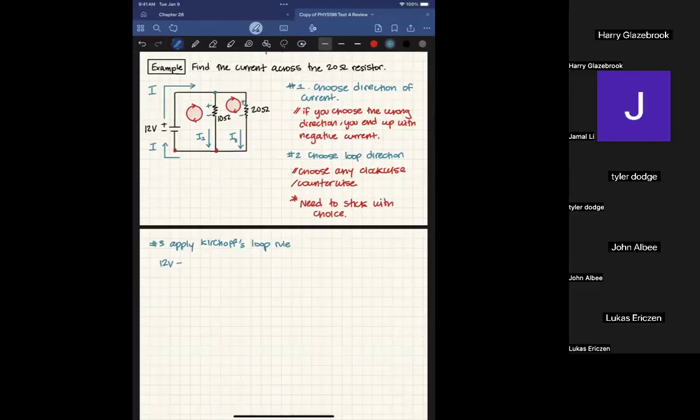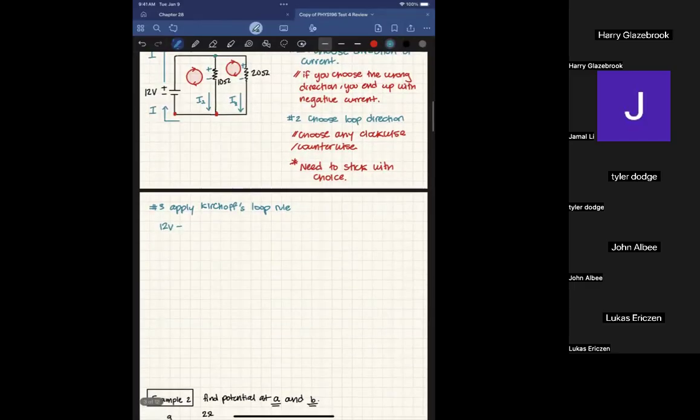Because we're talking about the potential difference across the resistor, technically that'll be negative current flowing through the resistor, which is I1, times the resistance, 10 ohms. And again, that's just because the potential difference across that resistor is just I times R. And we know that the current flowing through it is I1. And technically the resistance is 10 ohms. Cool.